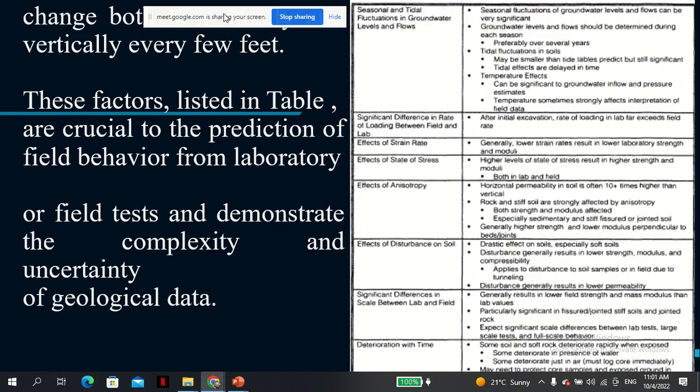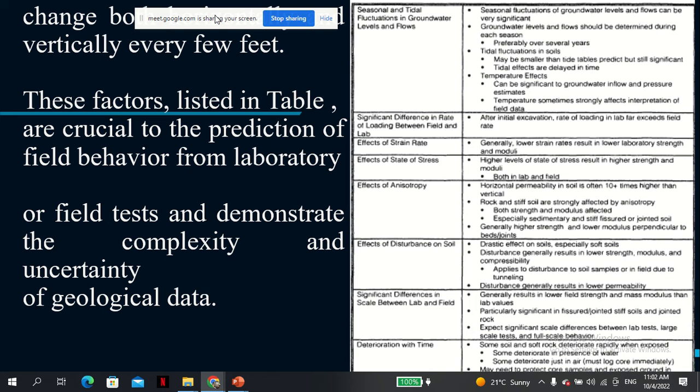Now, for rock, while you can take a sample to the lab, there is what is called scale effect. That's the first thing. The property of intact rock is substantially different from the rock mass, because the rock mass may have discontinuities, fractures, some cracks. Now, when you sample, it's possible to sample a portion that does not have the cracks or fractures.